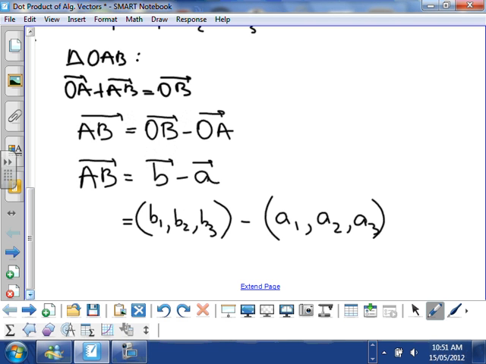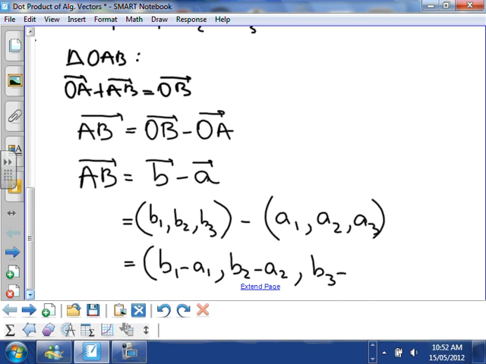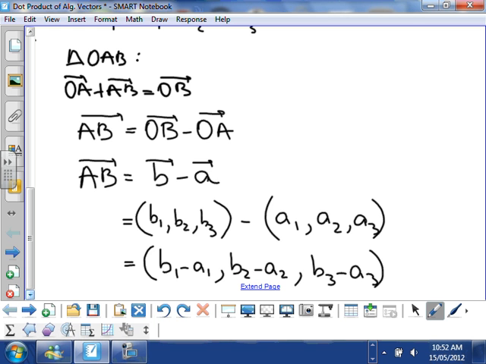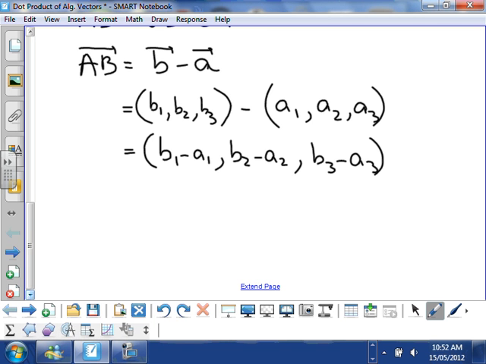As a result, vector AB will be nothing else but B1 minus A1, B2 minus A2, B3 minus A3. Good. So that is my vector AB.